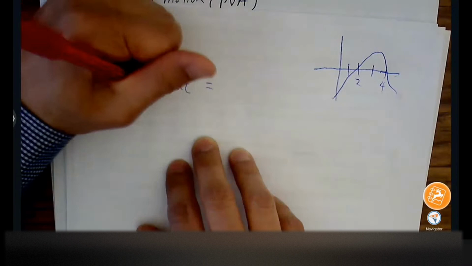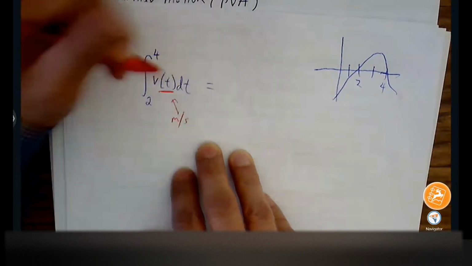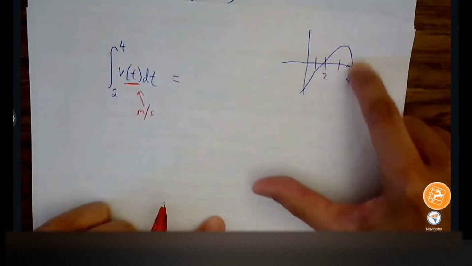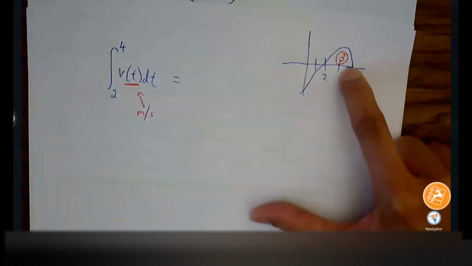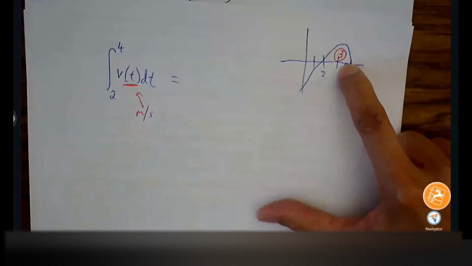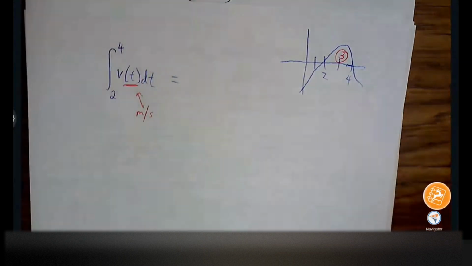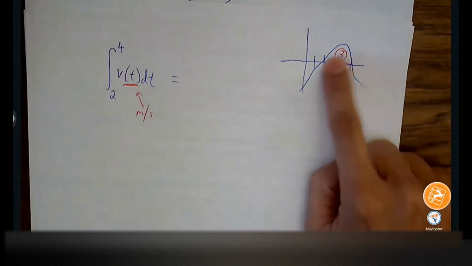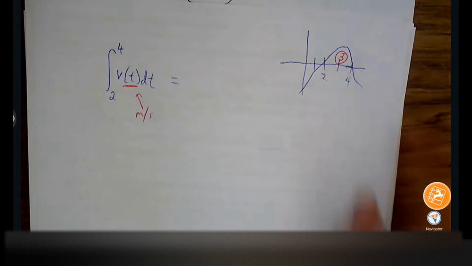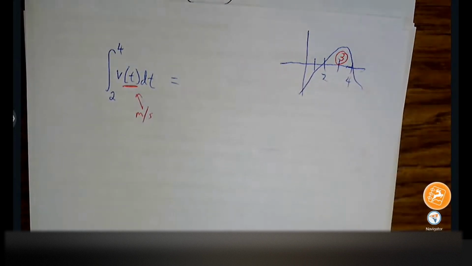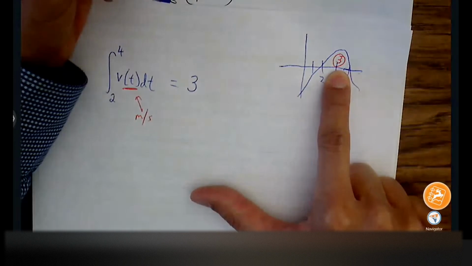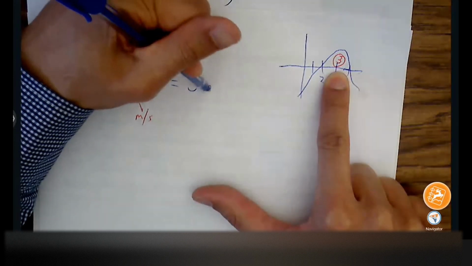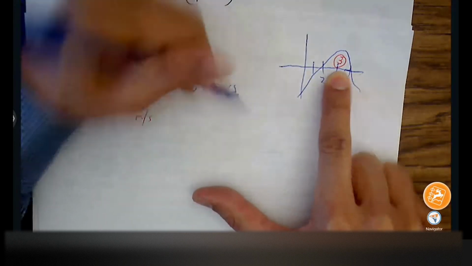Okay, let's say meters per second. But the area under the velocity graph, if you see that 3, what do you think that 3 represents? This is going to tell us how far we traveled. Okay. Yeah. So if we traveled 3, what's the unit going to be? It's going to be meters, right?